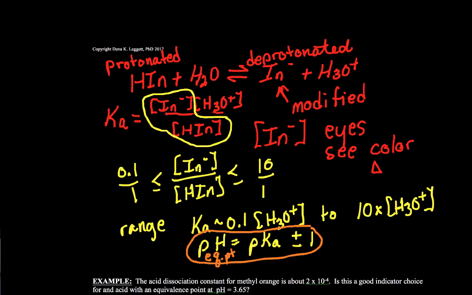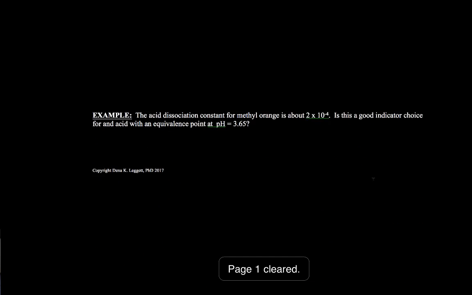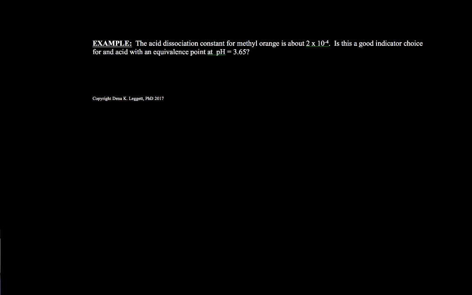All right, so let's take a look at an example. This is where knowing how to do a little bit of an estimate would help. I have an acid dissociation constant for methyl orange. If I take minus the log of 2 times 10 to the minus 4th, this could be a multiple choice question, and much like we did with pH, we can estimate, we can look at that power. That power is a -4.